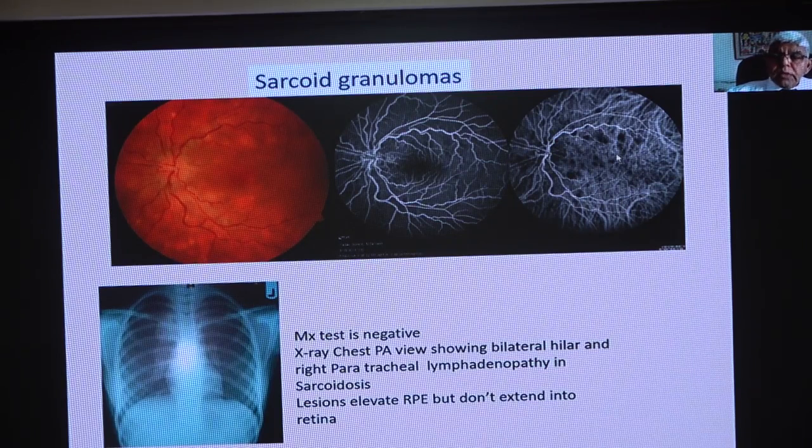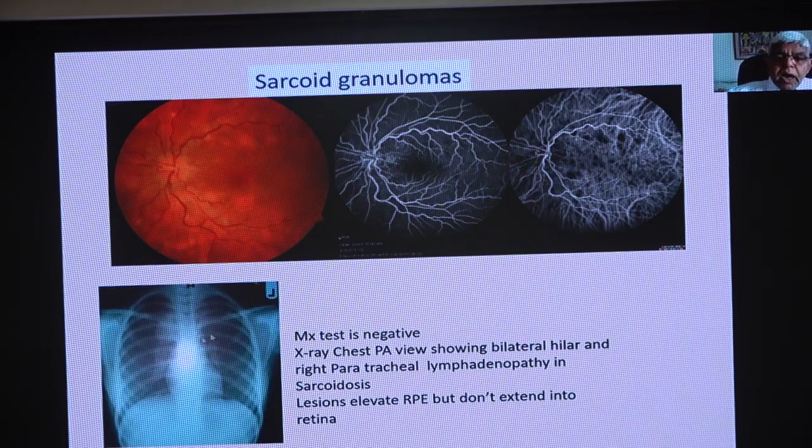When you do a Mantoux test, this would be negative by and large in these patients. And in our experience, this is the biggest differentiator between a sarcoid and a TB parietal granuloma. If you do a Mantoux, it will be negative in sarcoid granuloma. It will be positive in TB uveitis, but in occasionally very overwhelming disseminated tuberculosis, the Mantoux may be negative.